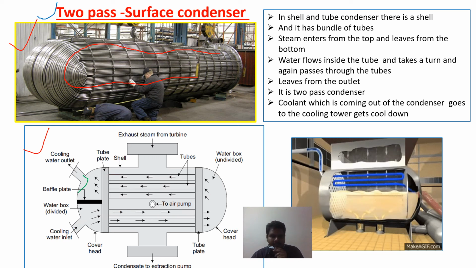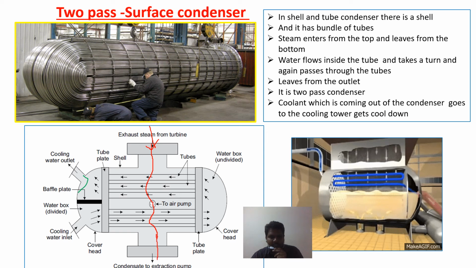Now let us see the working of the two-pass surface condenser. Steam from the top enters into the shell and passes over the tubes. Due to the temperature difference between the steam and water, the steam will condense.